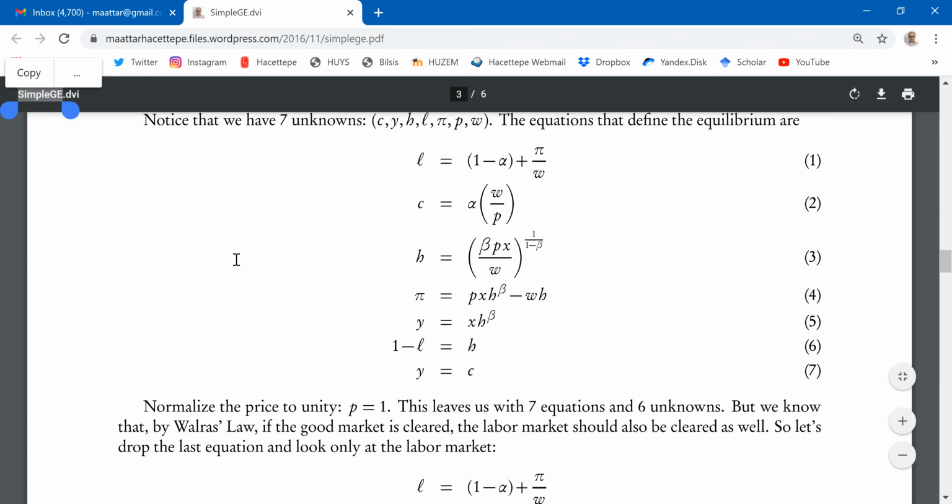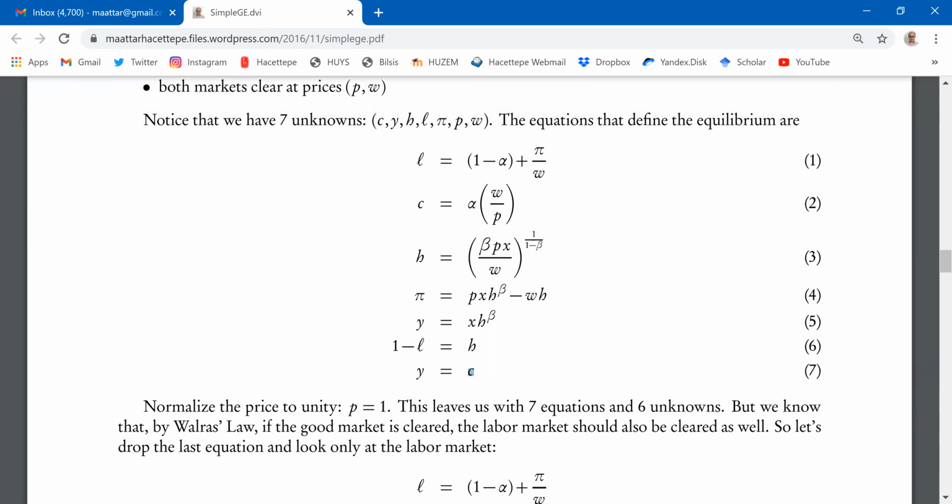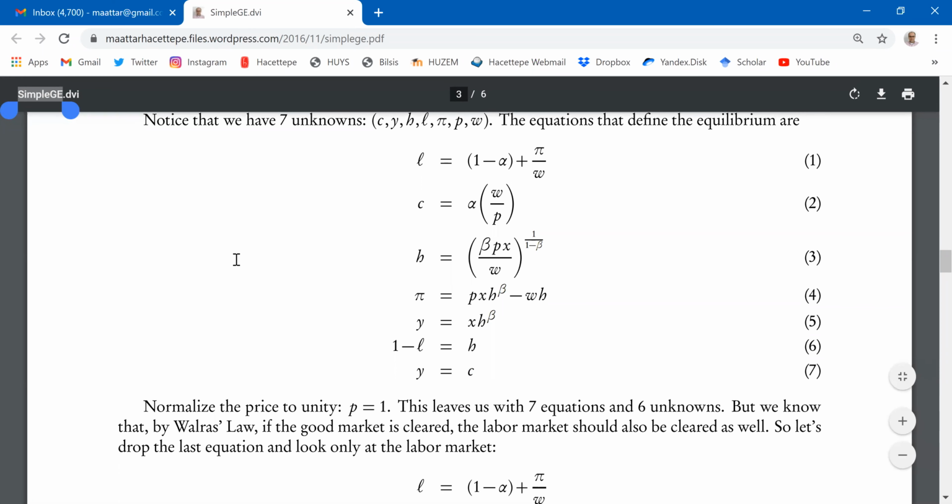For this reason, I must put a price normalization, as we discussed, remember? Here, that price normalization is P equals 1. Why do we do that? Since one of the market clearing equations is redundant, I have to include new information in the system.